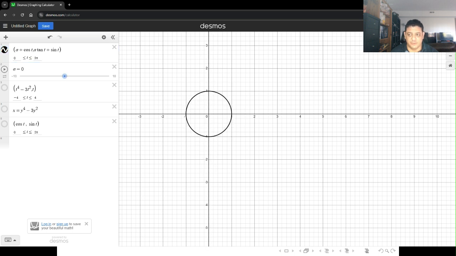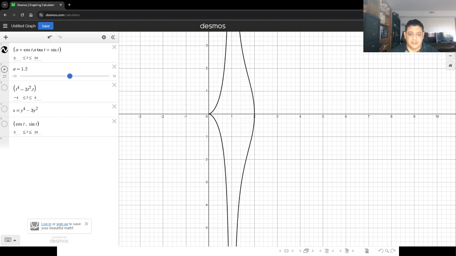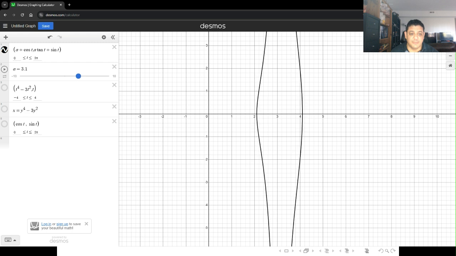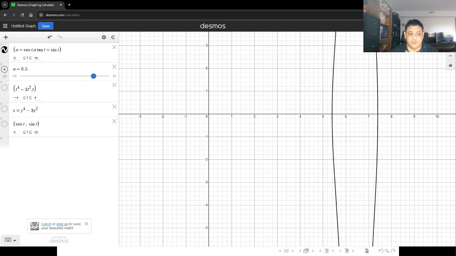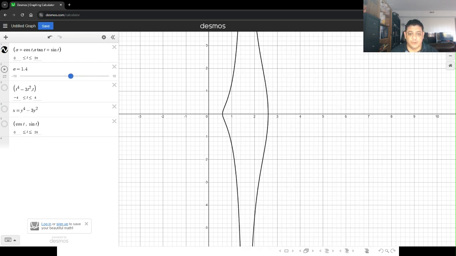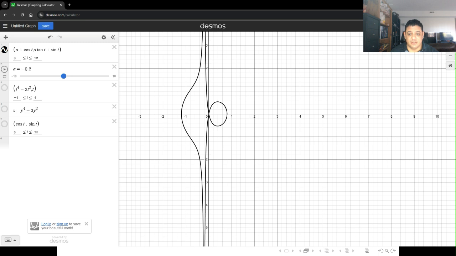Notice with a equals 0, this tangent goes away and this becomes a circle. So depending on the number of parameters that you have involved, you have differences in your curves. Okay, so for the most part, we're going to be managing a single parameter here, and Desmos is an excellent tool to play with how these curves are going to look.